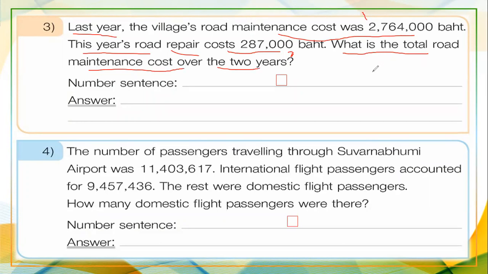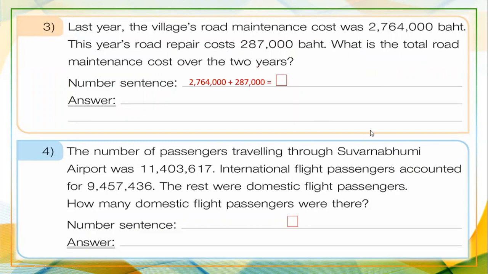So last year we have 2,764,000. This year the maintenance repair cost is 287,000. And what we have to find is the cost of the road maintenance in 2 years. So what are we going to do, students? Addition or subtraction? Addition, exactly. We are going to do addition of the repair cost and the maintenance cost of last year.